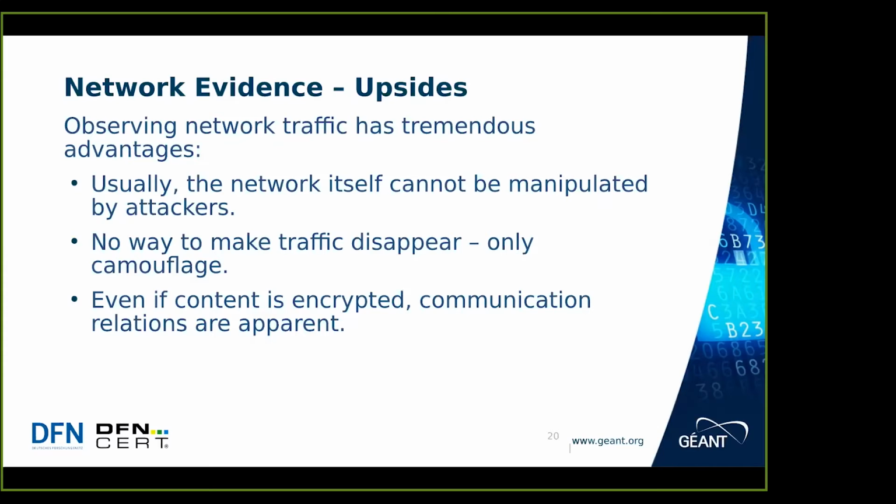However, even if the payload is encrypted, the fact that communication exists and the communication metadata is still there and must be in plain text, otherwise it couldn't be routed. So even if the content is encrypted, the communication relations are still apparent and can be analyzed, which is a huge advantage.